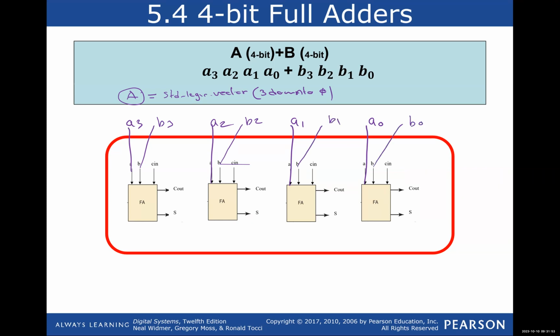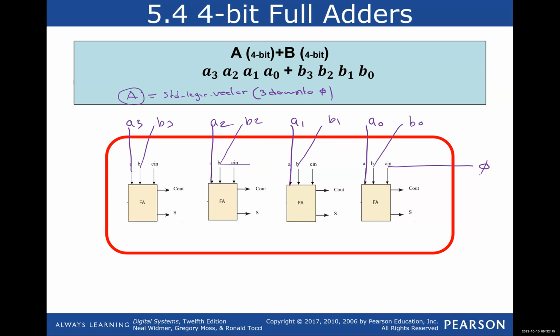And again, you're going to have your first carry input, which is also going to be a switch from the outside. But notice that the carry output here is an internal signal, so we don't really need to see it from the outside, because it is going to be fed to the carry input of the next one. We only care about the last one.